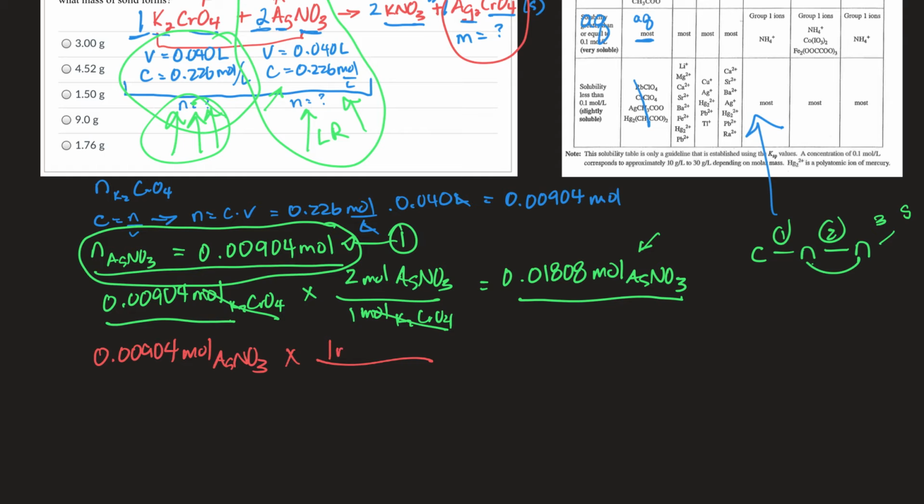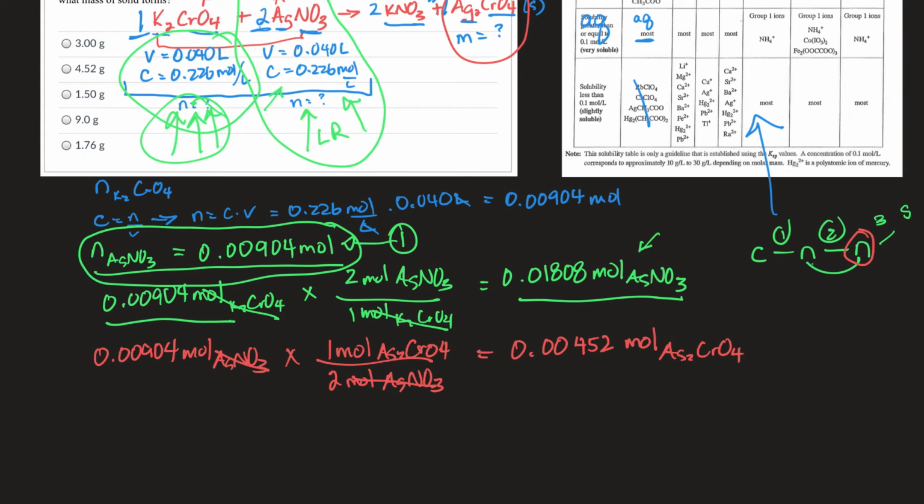So 1 mole of silver chromate gets formed from 2 moles of silver nitrate. Moles of nitrate cancel out. So I divide this by 2, so it'll be 0.00452, I think, moles of silver chromate. Okay, so I'm right there.